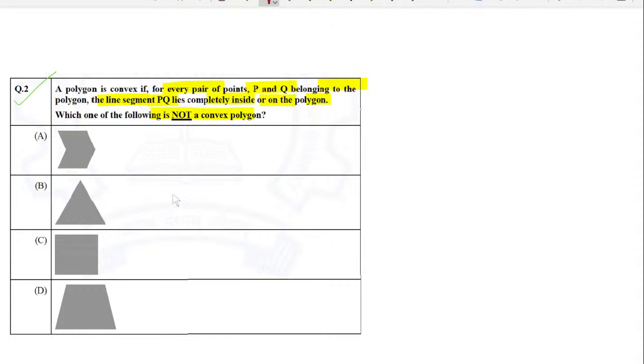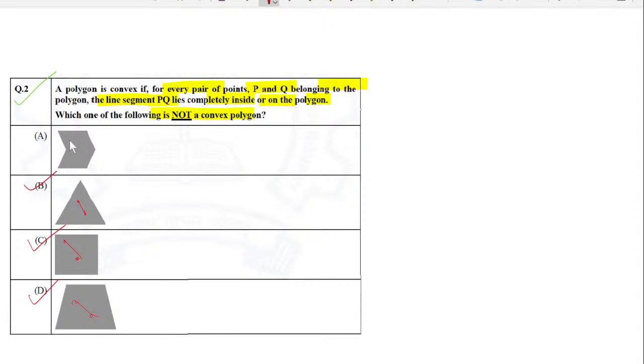Okay, so we have to find a figure in which if we join any 2 points inside the figure, then the line does not lie inside the figure. Okay, so if we take any 2 points in this image or this image or this image and join them, then the line lies inside the figure.